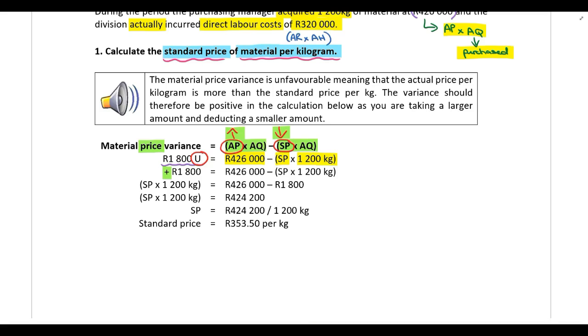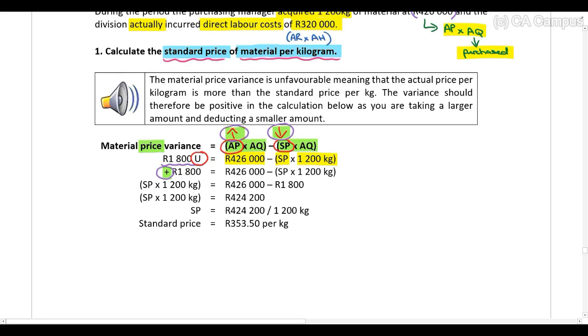So please note, a common mistake made by students is because the variance is unfavorable, you include this as a negative amount. You need to follow a logical approach over here. If this variance is unfavorable, it means the actual price is higher than the standard price. So it means I'm taking a big amount and I'm deducting a smaller amount, which means this must be positive.